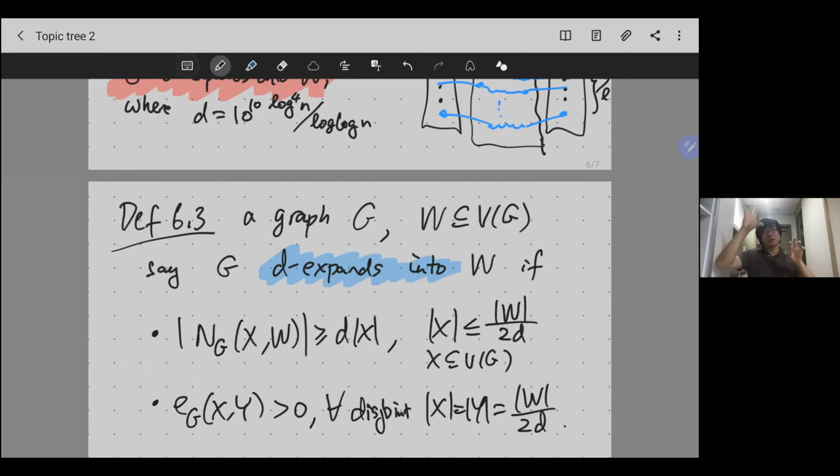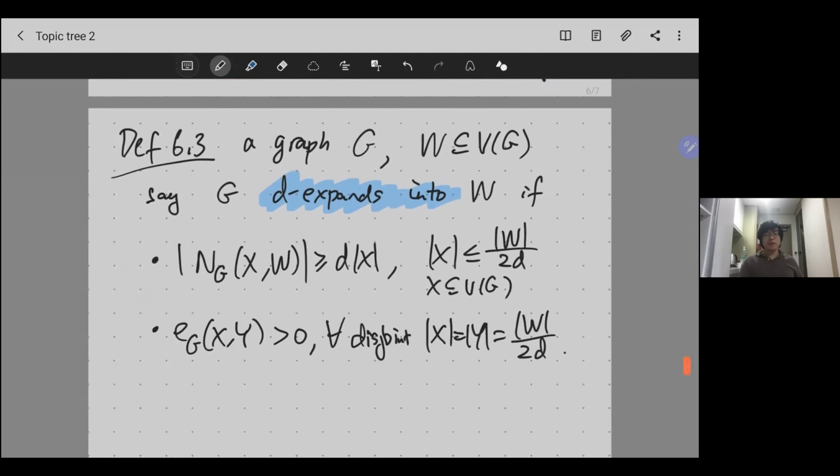Otherwise, you will always see an edge. So basically, this D expands into W combines the small set expansion with large set connectivity. It's just more convenient to do it this way.